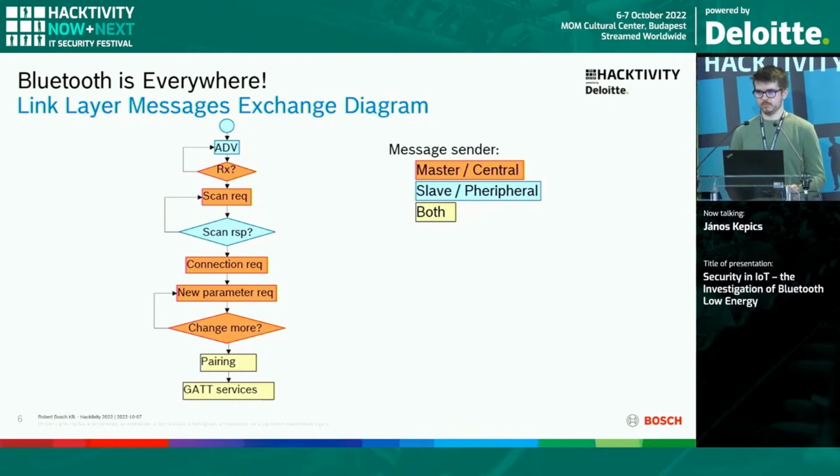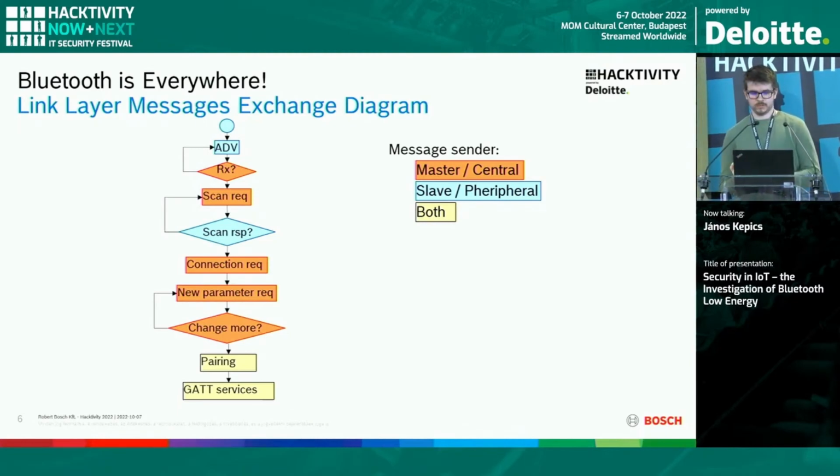Then the peripheral device responds with a scan response. Therefore, both devices know of each other. If the central would like to initiate a connection, it sends out a connection request message. After that, the two devices are connected, and the central becomes the master, and the peripheral becomes the slave.